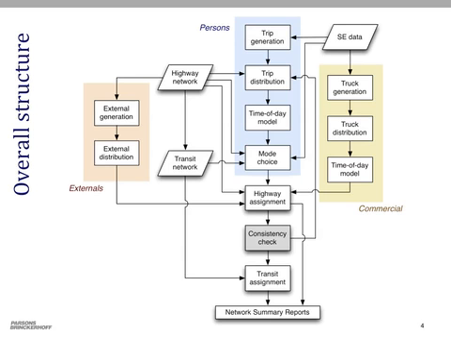In fact, it gives SEMCOG a couple of advantages that we'll talk about later. Working in tandem with this model is a rather innovative external and commercial trip model, again, which I'll talk about later, that all feeds into highway assignment. There's a feedback loop, and then they go into transit assignment. Finally, there's network summarization and the use of air quality models at the bottom end of the model.